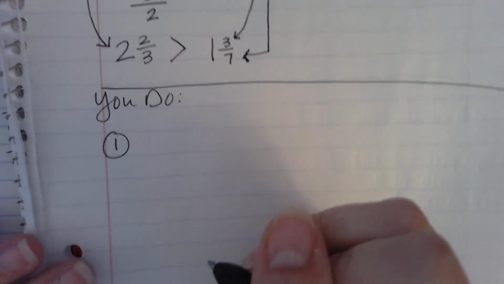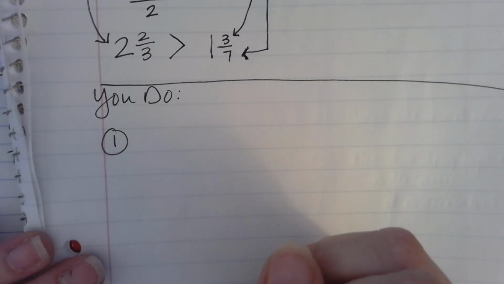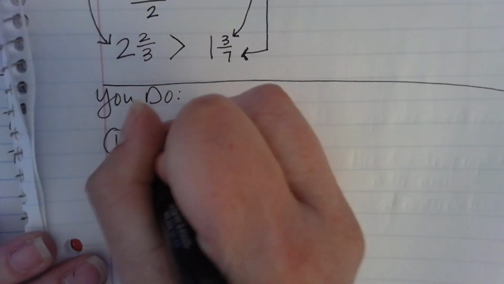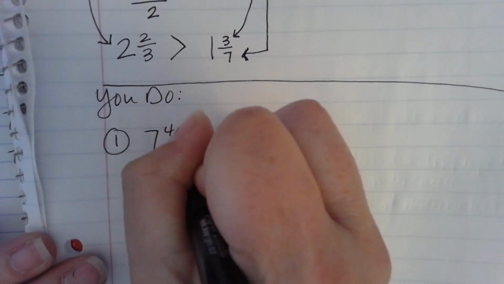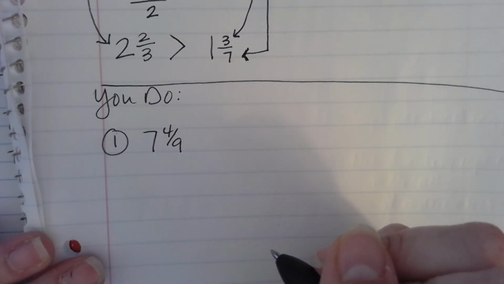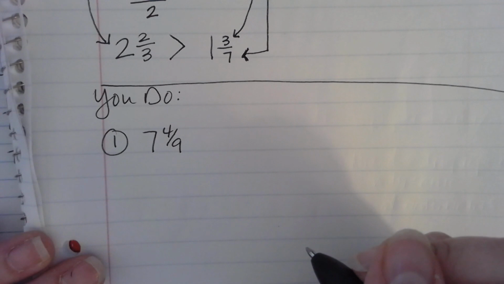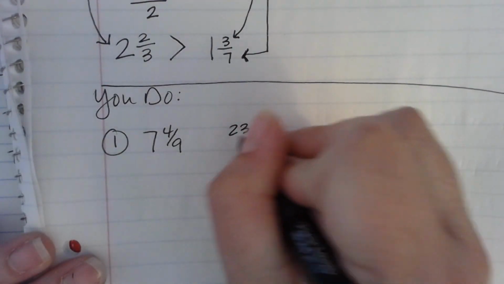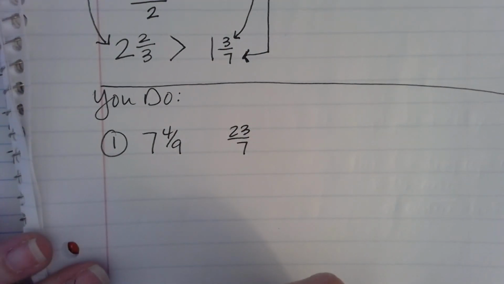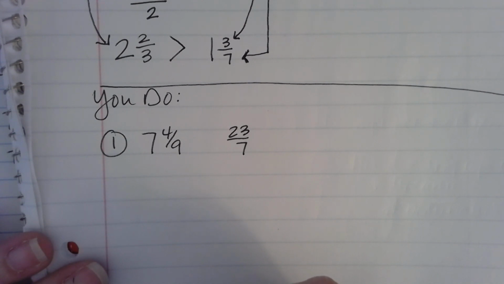All right, so problem number 1. Let me make something up here. Okay, so number 1 will be 7 4/9 versus 23/7.